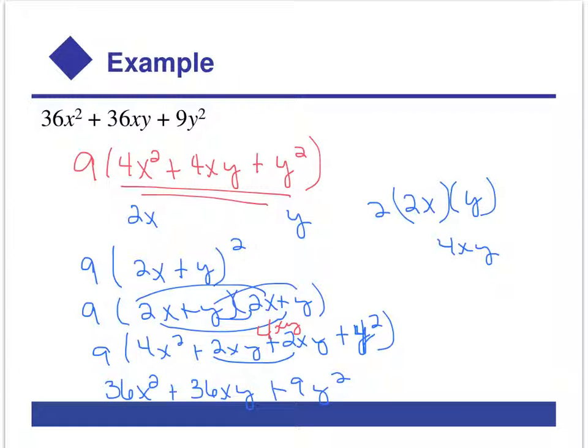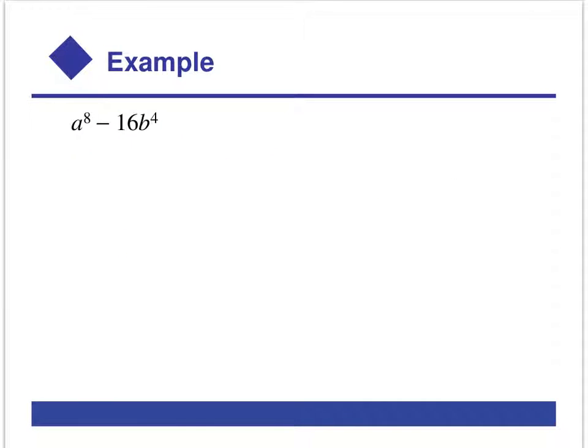So that one worked. Last but not least, are these perfect squares? These are perfect squares. Can't factor anything out. So this is a to the 4th. This would be 4b squared.